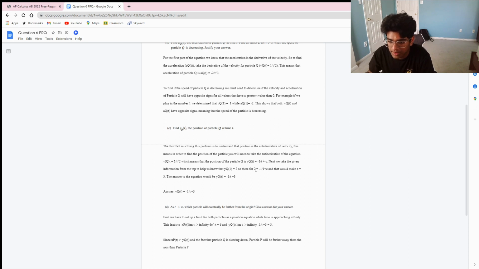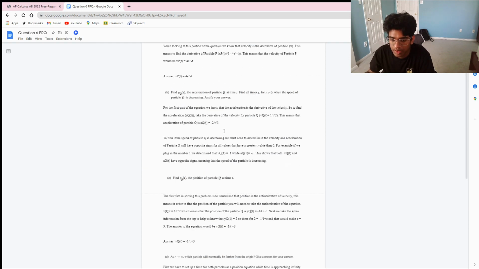We get negative 1 over 1 plus c equals 2, which means c would equal 3. So we plug in 3 for c, and the position for particle Q is negative 1 over t plus 3. This helps us determine where specifically the particle is at each second.